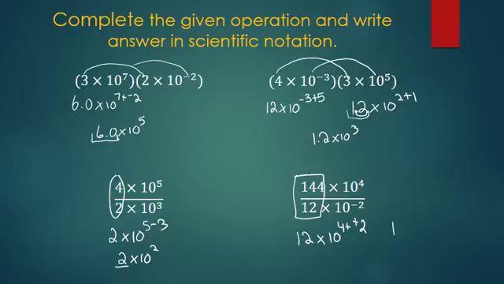So that becomes 12 times 10 to the 6. 12 does not fall between 1 and 10, so I need to move the decimal point over to the left 1. So I get 1.2 times 10 to the 6, and then plus, because the decimal point moved over to the left, and it moved over once, so plus 1. My final answer then is 1.2 times 10 to the 7.